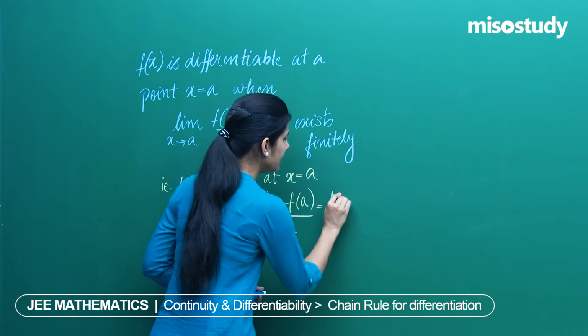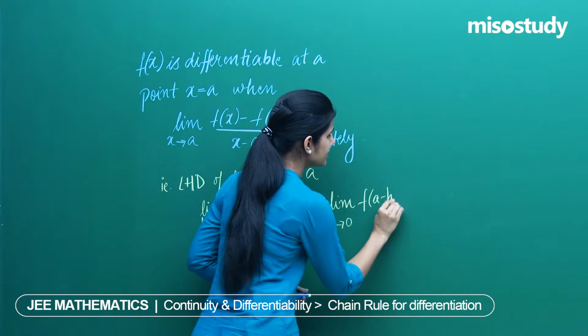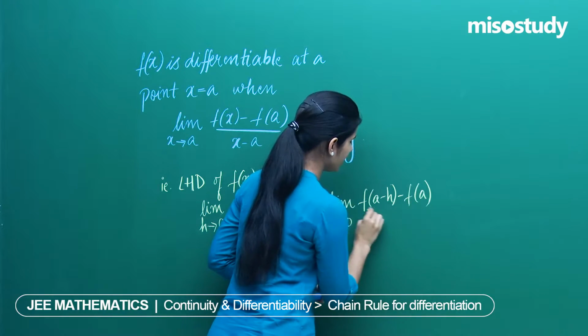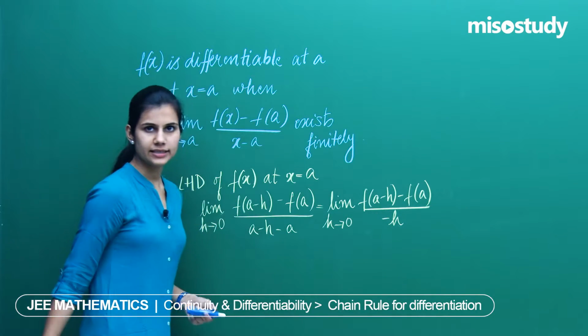Eventually getting limit h tends to 0 (f(a minus h) minus f(a)) whole upon (a minus h minus a), which gives you minus h.